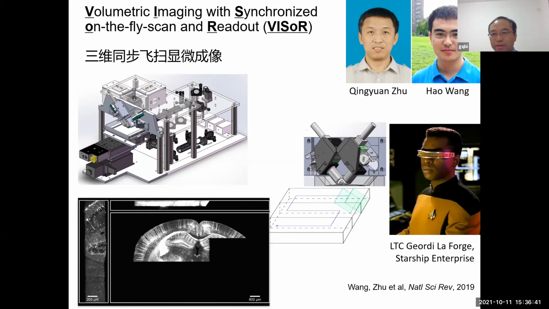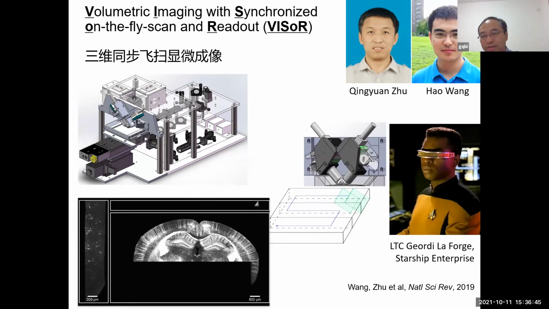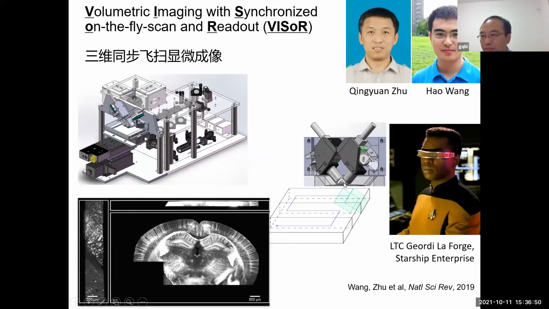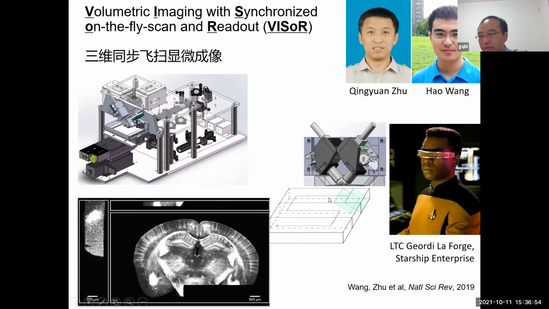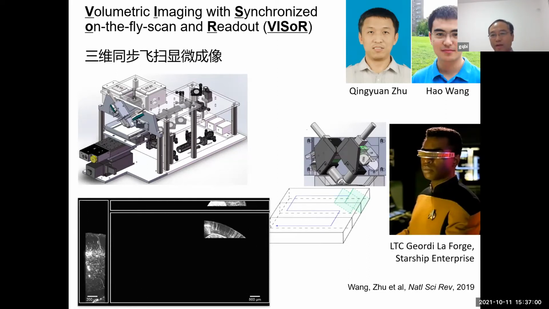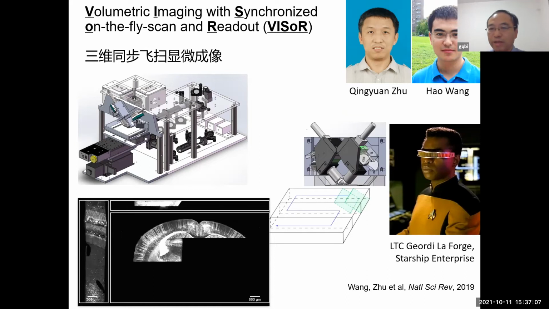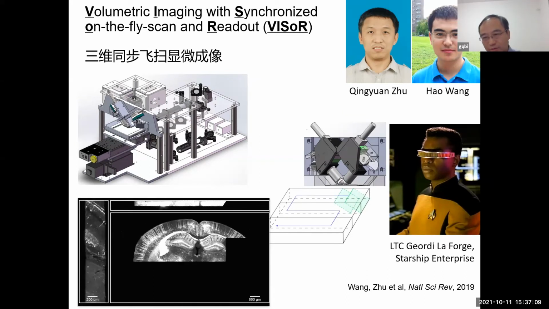But one day I realized that we can synchronize the scanning illumination beam with the readout of the camera, so that for every image, each pixel is scanned only once for a couple of microseconds. That way, there's no motion blur for every pixel.